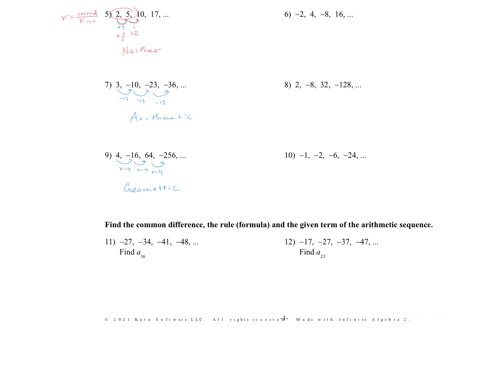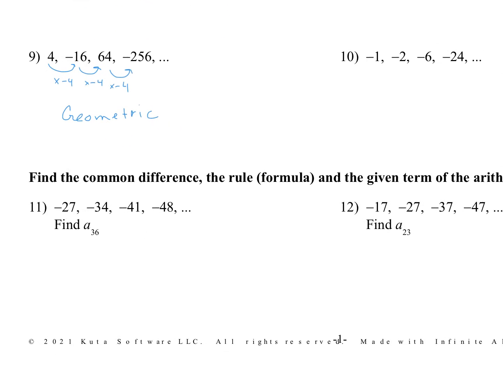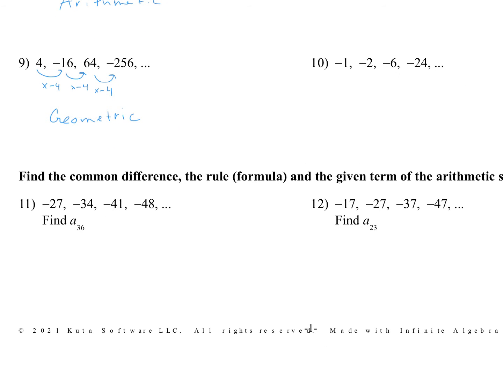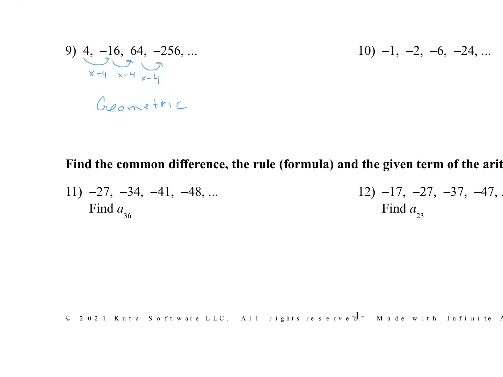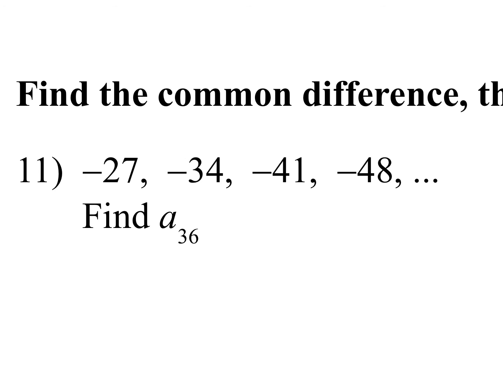All right, let's take a look at number 11. We have to find the common difference, the rule, which is the formula, and give the 36th term of the arithmetic sequence. So find the common difference first. What are we adding to get from negative 27 to negative 34? Or subtracting?